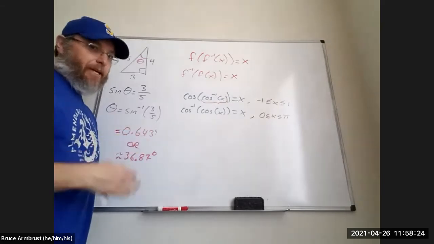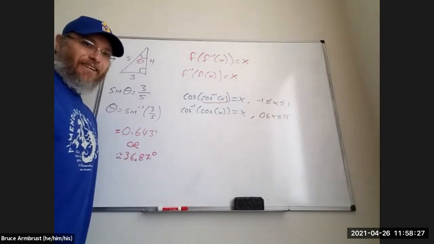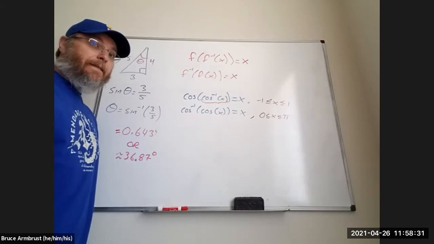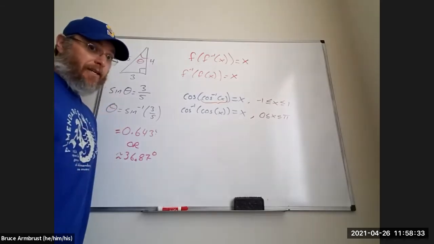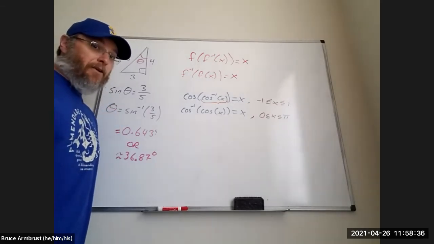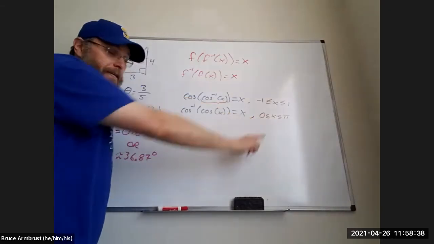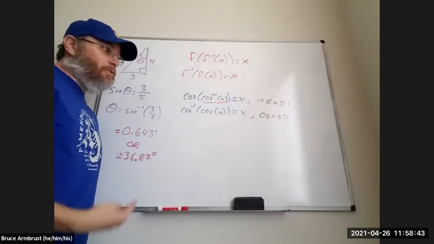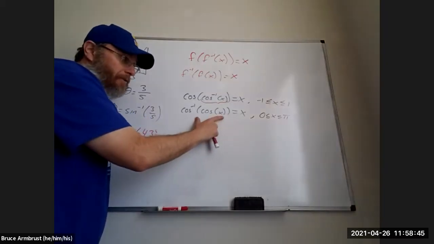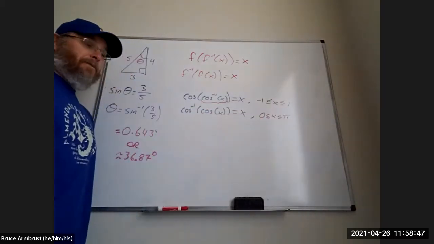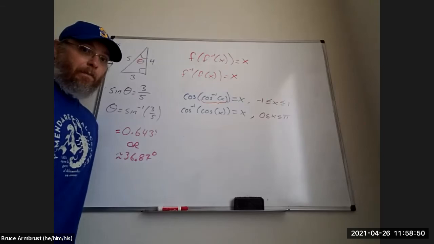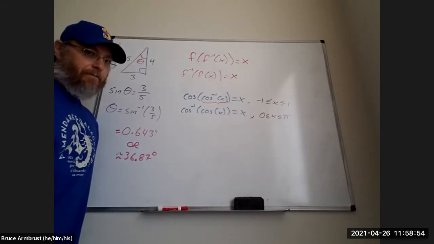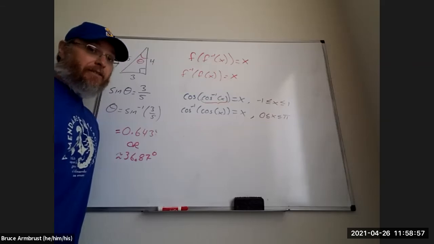Now, if you've been playing along, you go, well, but we can plug anything into cosine. Its domain is all real numbers. Except we restricted it. Remember when we built inverse cosine, we restricted it to these angles. And that's why I only know for sure that this is going to happen if my angles are between 0 and pi. We're going to have to do similar things when we compose sine and sine inverse or tangent and tangent inverse.